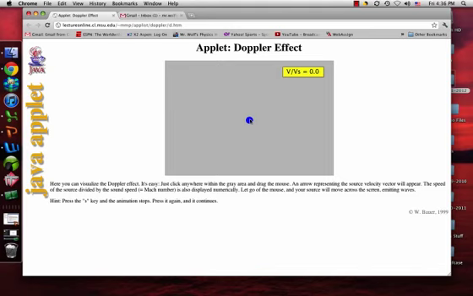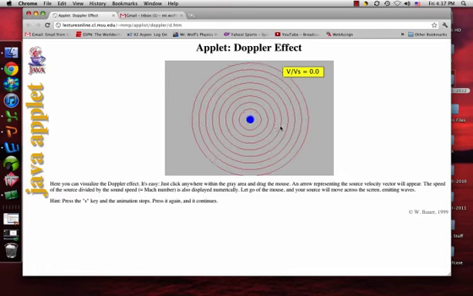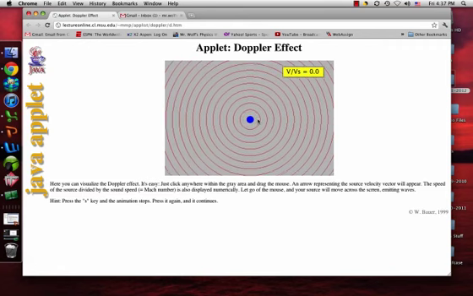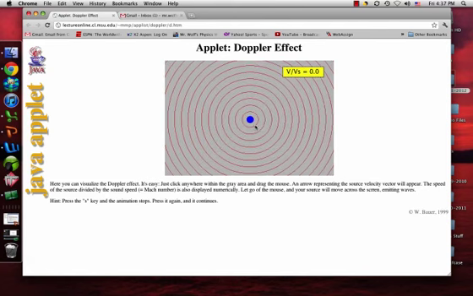It's just going to be stationary for now. If we notice, sound waves are traveling out in all directions at the same speed. And since they're moving on a circular path, the wavelength between each crest is the same as they move out. Notice how out here, it's the same wavelength as all the way in here.